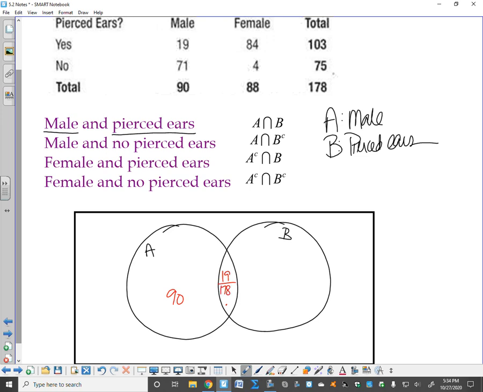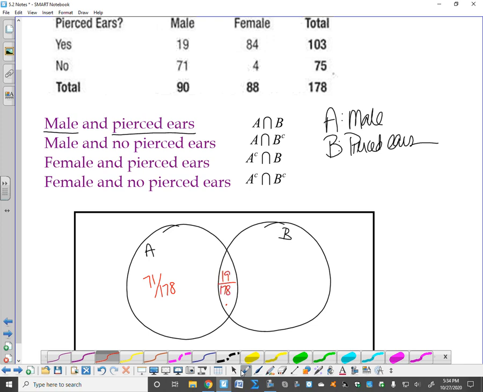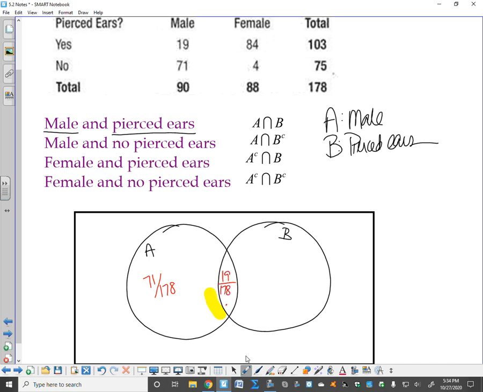That's that middle section. Now I can't put 90 over 178 here because I've already got 19 of them in that middle wedge. So I have to take the middle wedge out. So 90 minus 19 would be 71. So this 71, let me see if I can do some coloring.